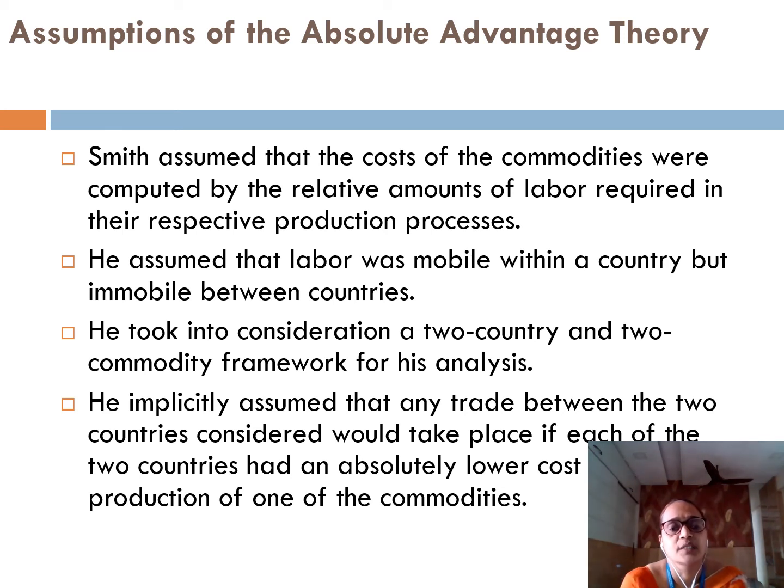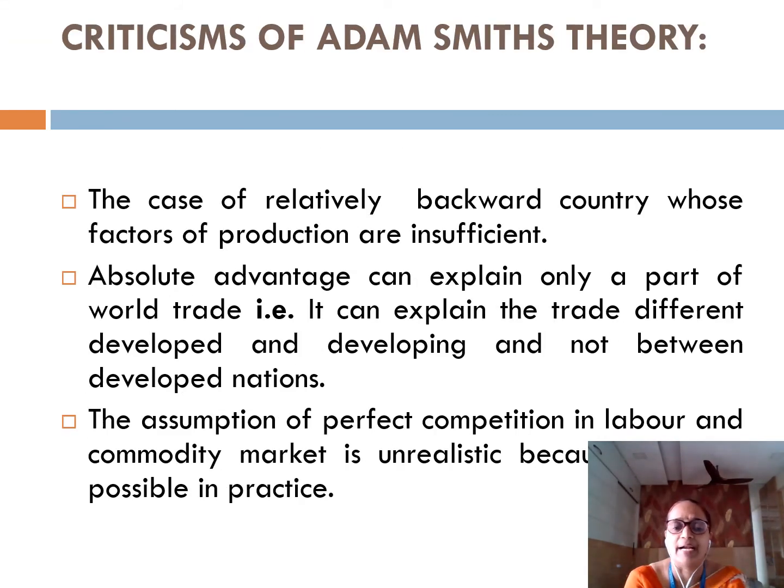Trade between two countries would take place if each country had an absolute lower cost of production of a particular commodity. Let's see the criticism of Adam Smith's theory. First of all, a relatively backward country has factors of production that are inefficient or insufficient.